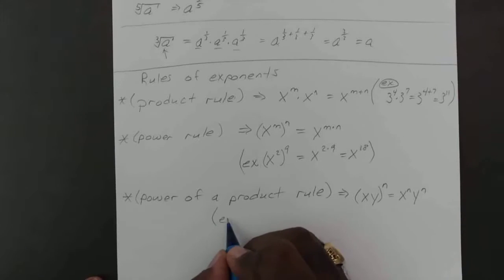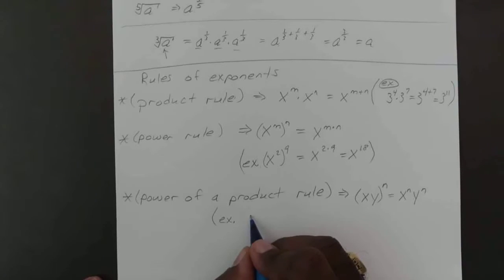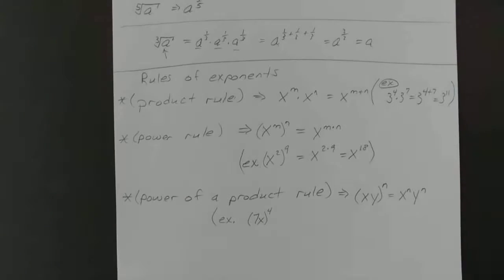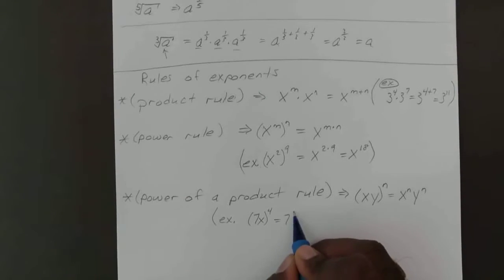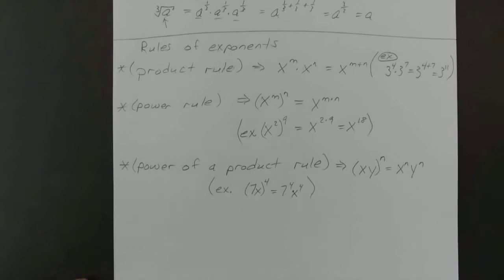All right, so let's say, for example, you have 7x to the fourth power. Then that's going to equal 7 to the fourth power times x to the fourth power. And 7 to the fourth power is something, I don't know.